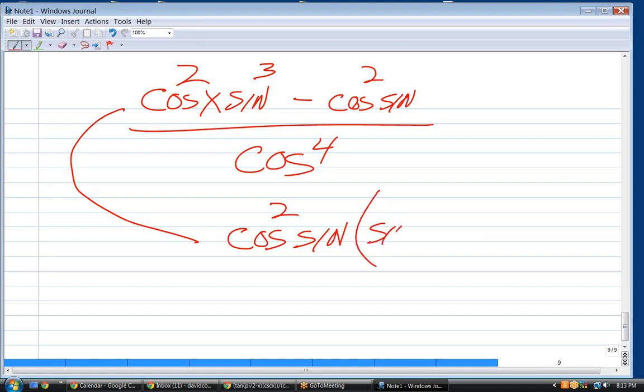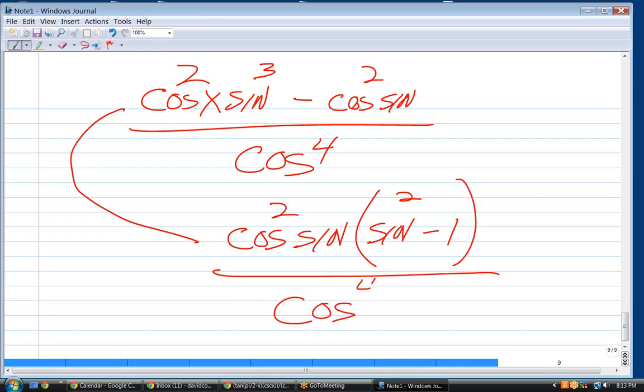That becomes sine squared minus 1 all over cosine to the fourth, right? Now I can cancel this cosine squared out with two of those. Sine squared minus 1 is equal to what?